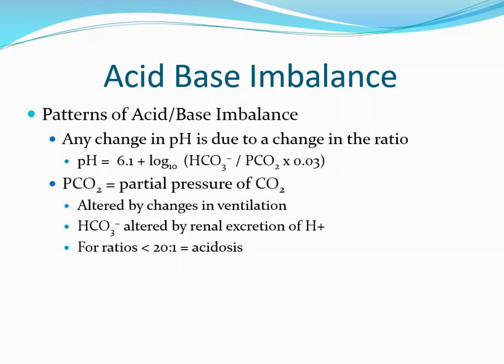PCO2 refers to the partial pressure of carbon dioxide. This will be altered by anything that changes your ventilation. The bicarb concentration will be altered usually by the renal excretion of hydrogen ions. Anytime the ratio falls below a 20:1, this would indicate an acidosis.